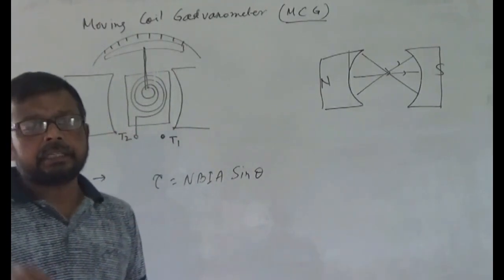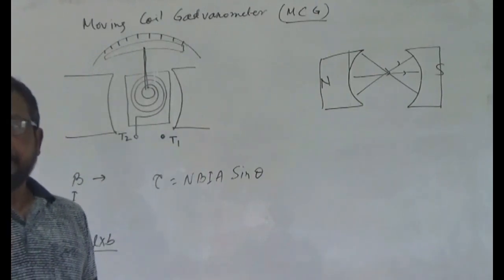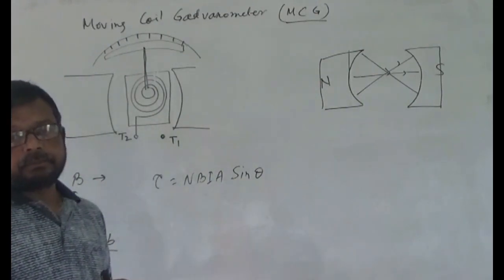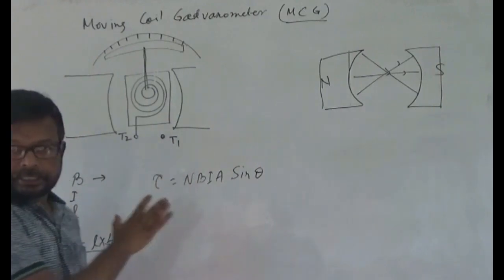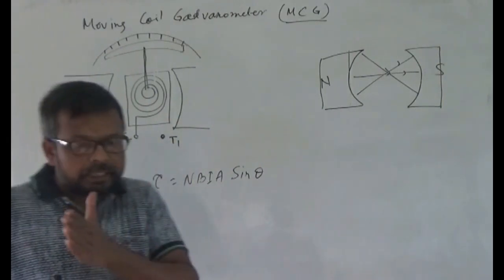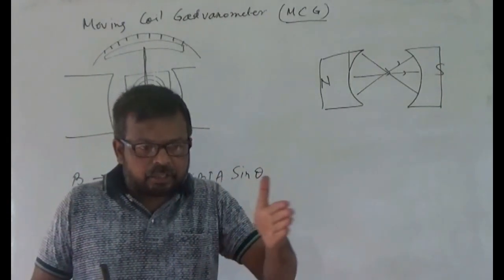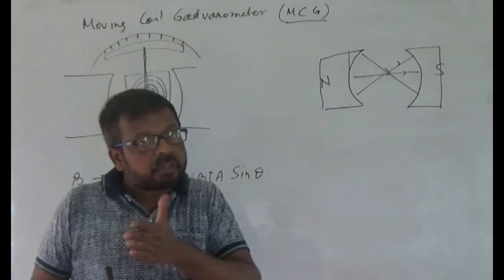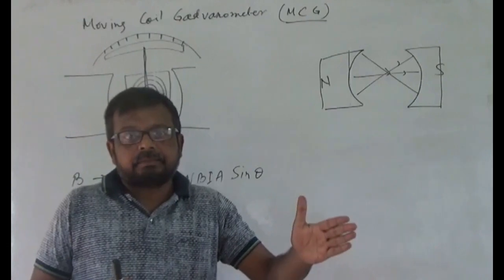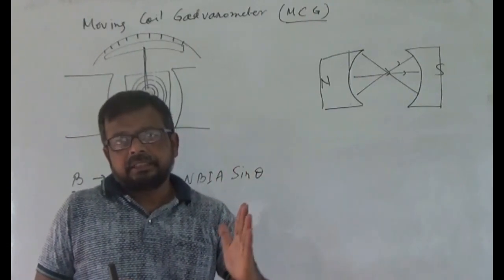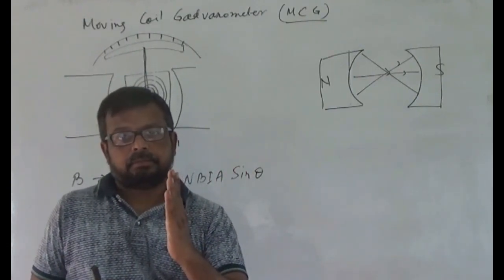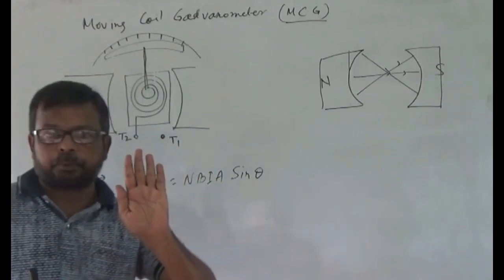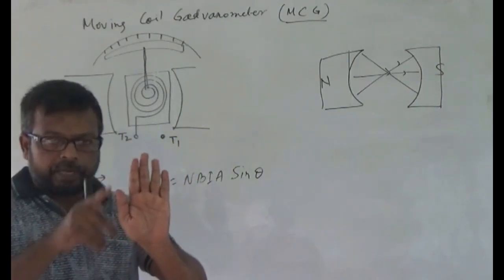of the magnetic field. If this angle is 90 degrees, which is the initial position, that is, if this is the direction from left to right, the direction of the magnetic field, then the coil is in this position, right? This is the coil.